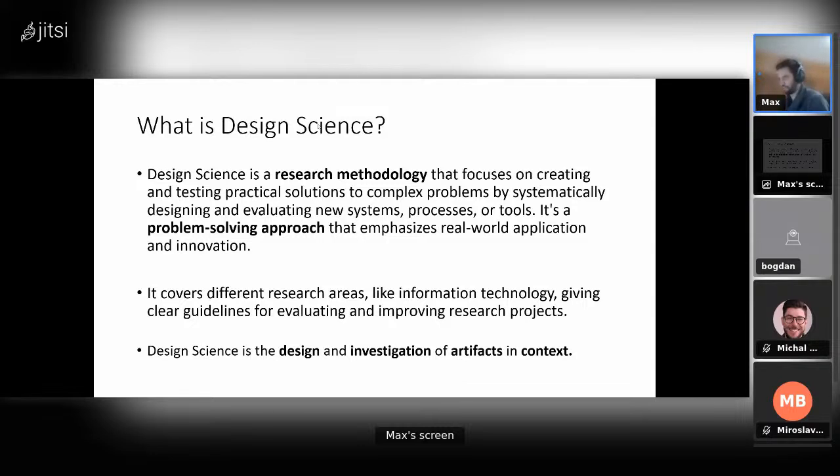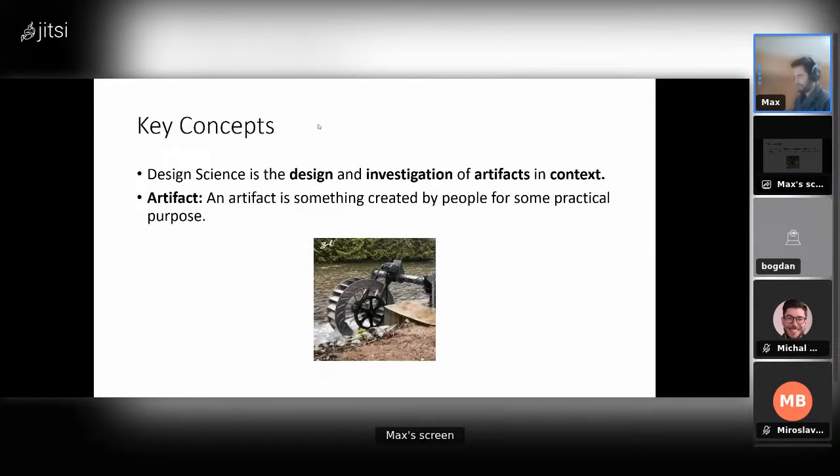So it really comes from this area, and that's also why I thought it would be interesting for this presentation. And maybe the most important one is the last point, which is that design science is the design and investigation of artifacts in context. So artifacts and context are really the core of design science.